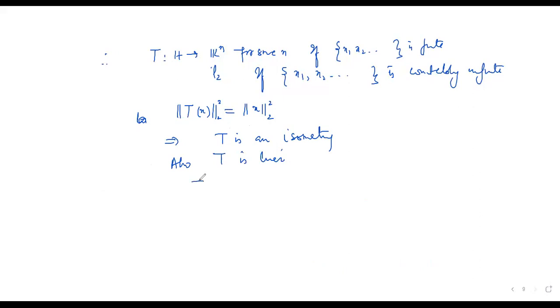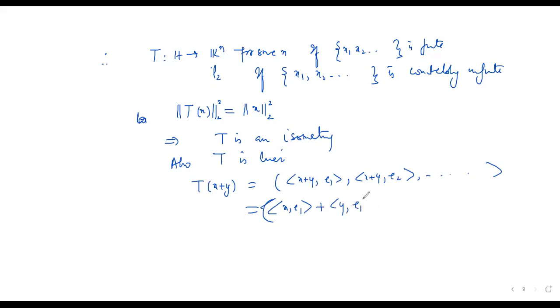Why? Now if you take T of x plus y, वो क्या होगा? That would be (x+y,e1), (x+y,e2), so on and so forth. But that is the same thing as (x,e1) plus (y,e1), (x,e2) plus (y,e2), comma, so on and so forth.